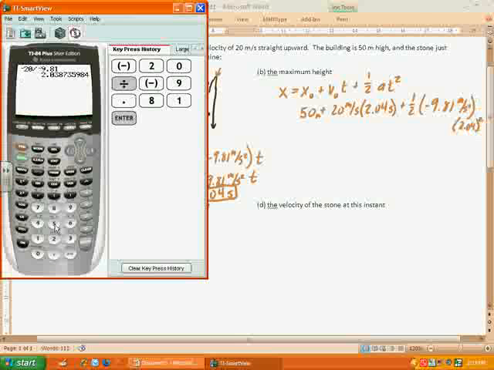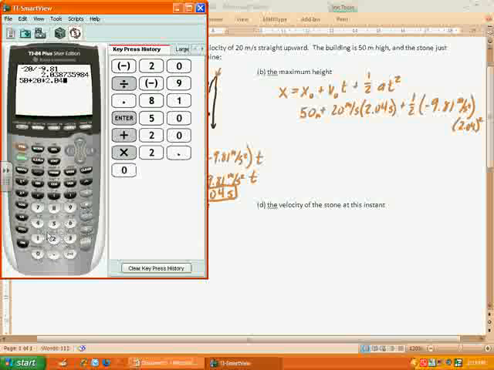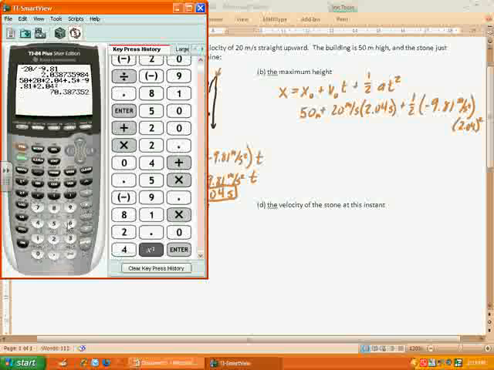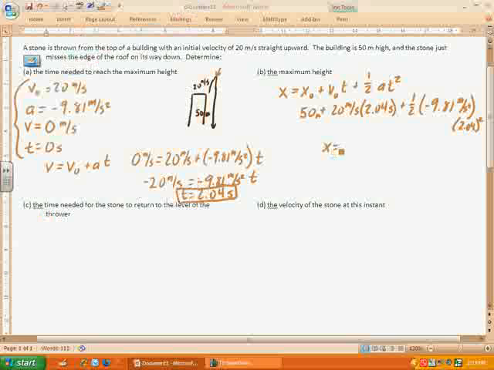So we'll say 50 plus 20 times 2.04 plus 1/2 times negative 9.81 times 2.04 squared, and we get the answer of 70.38 or 70.4. So x equals 70.4 meters. So that's the maximum height.